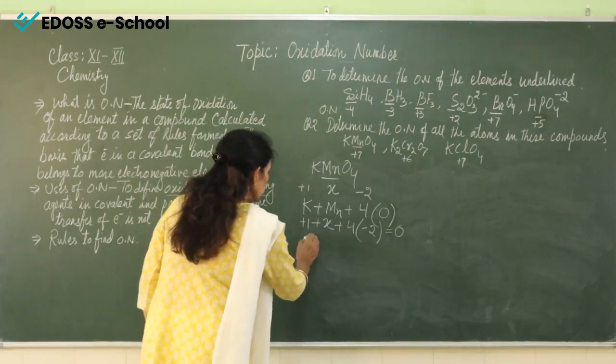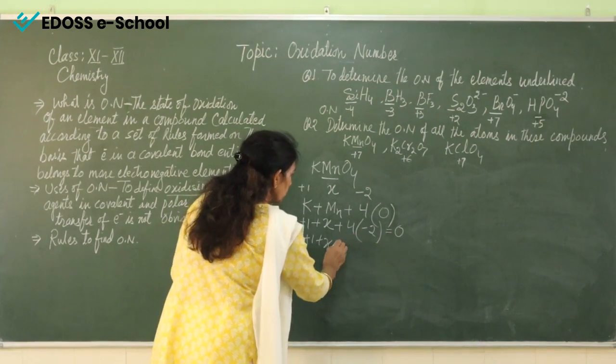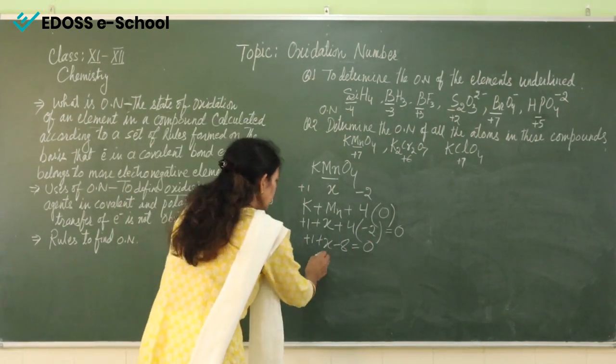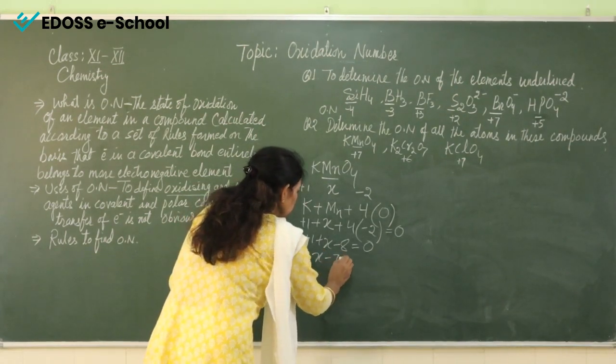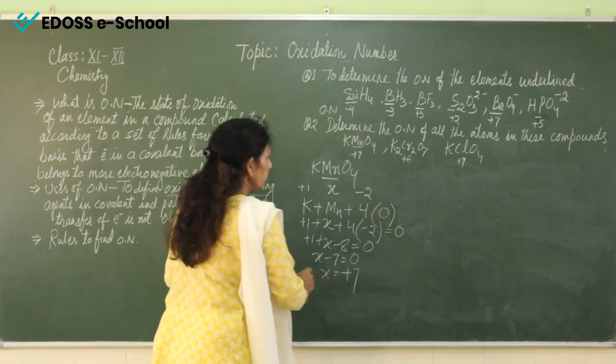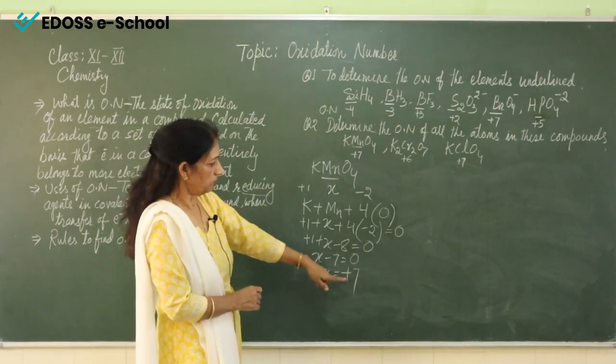Now we will calculate. So +1 plus x minus 8 is equal to 0, and x minus 7 is equal to 0, or x is equal to +7. So the oxidation number of Mn is +7.